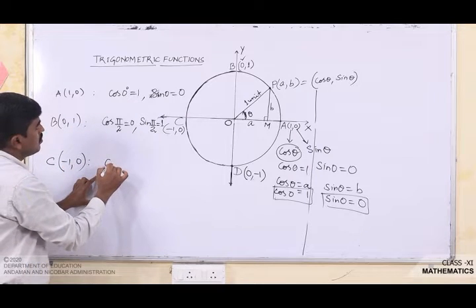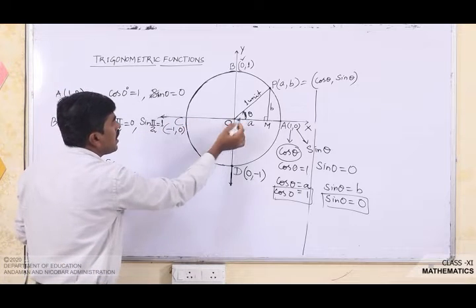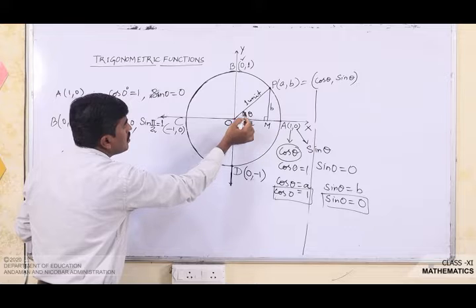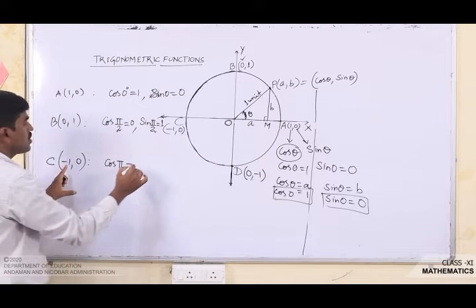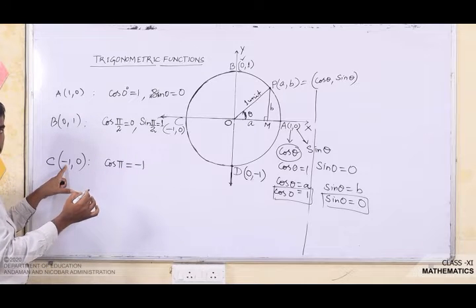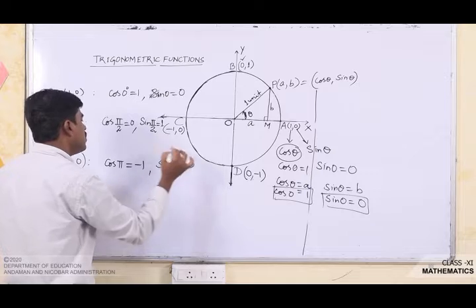From this we can find cos. Now at this point the angle theta will be equal to pi, that is cos pi is equal to minus 1, the x coordinate of this point, and sin pi is equal to 0.